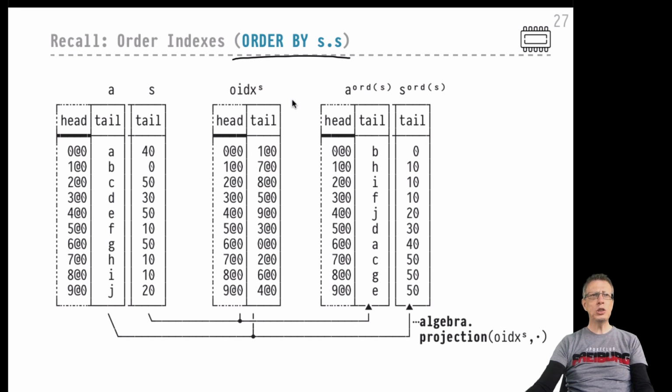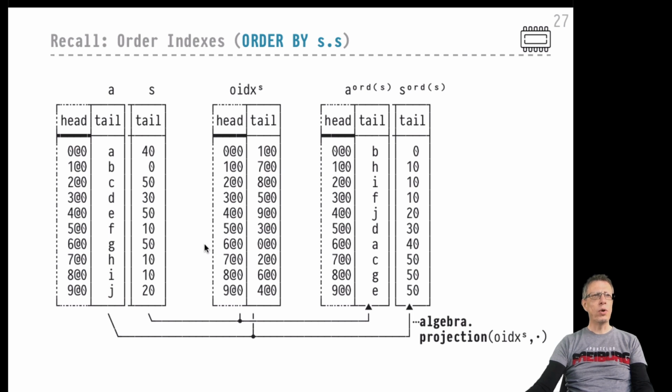It's a permutation description, a permutation BAT, which is to be read like this: the element that is currently located in the zeroth row in the S BAT, in an ordered BAT, would belong in the 6th row.